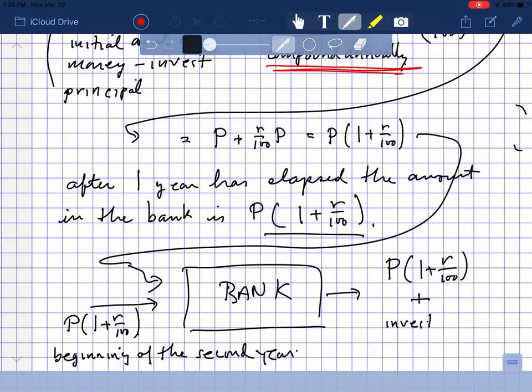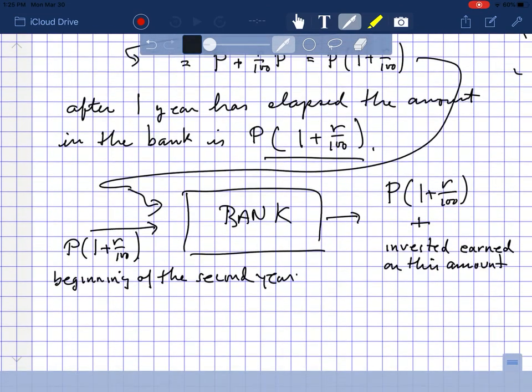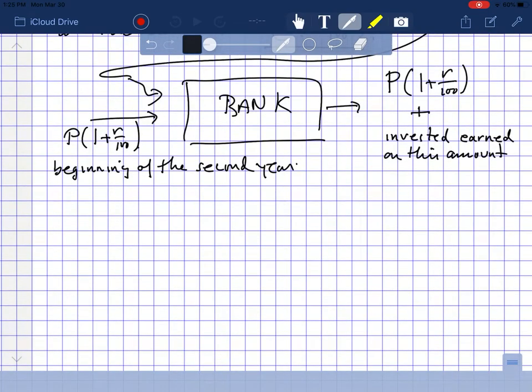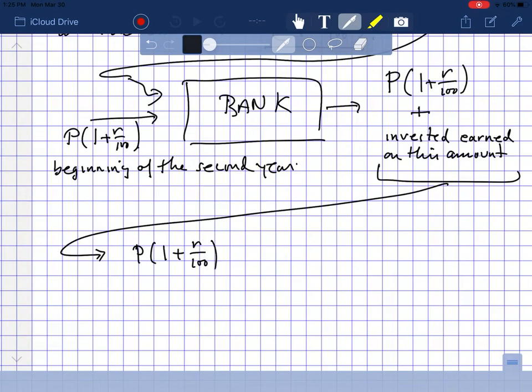I'm going to write it this way: interest earned on this amount. And then we can compute it down here. So let's go down here. And we're going to take this and rewrite it as P times 1 plus R divided by 100 plus, okay, the interest.